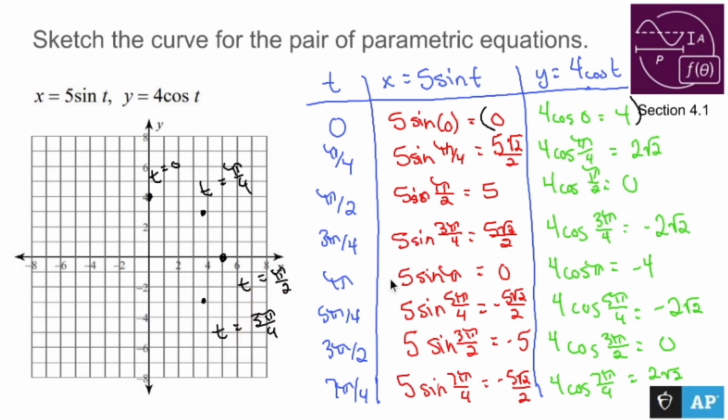When we're at pi, we're at 0, negative 4. Then we get negative 5 root 2 over 2, negative 2 root 2, and you are going to look like this.